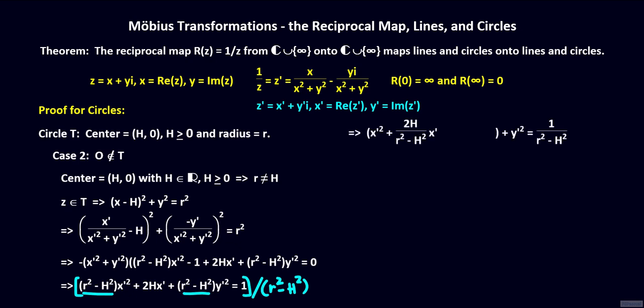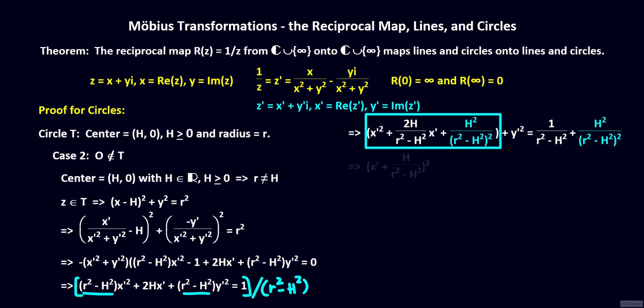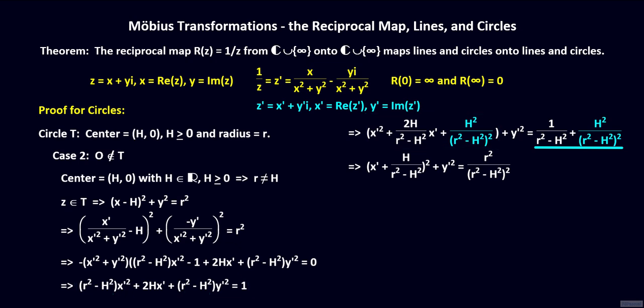And we carry out completing the square a second time. We divide this coefficient by 2 and add its square to both sides of the equation. This part is a perfect square. We simplify the right side to get r squared divided by r squared minus big H squared quantity squared.